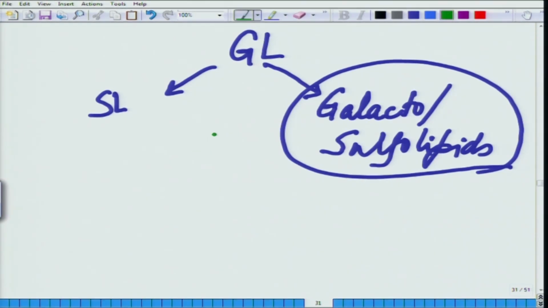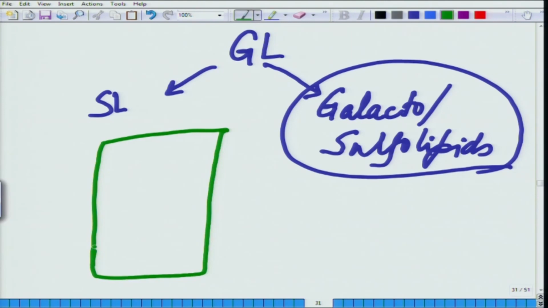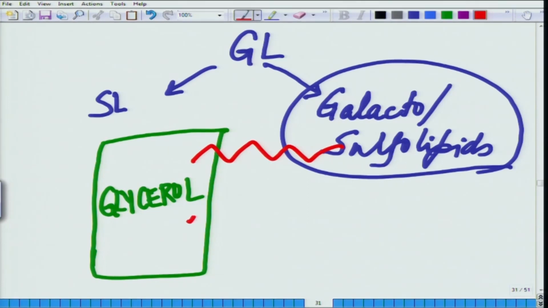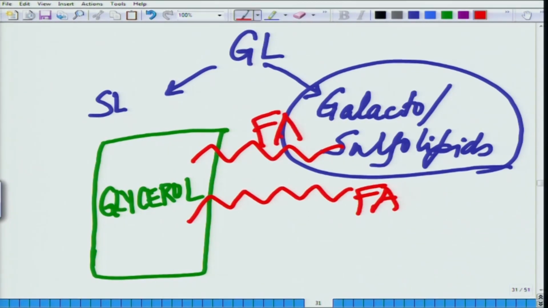So, again you have a sphingosine moiety, sorry, you do not have a sphingosine moiety here, you have a glycerol moiety. You have a glycerol out here, you have a fatty acid attached here, you have another fatty acid attached here, the two fatty acids attached there.